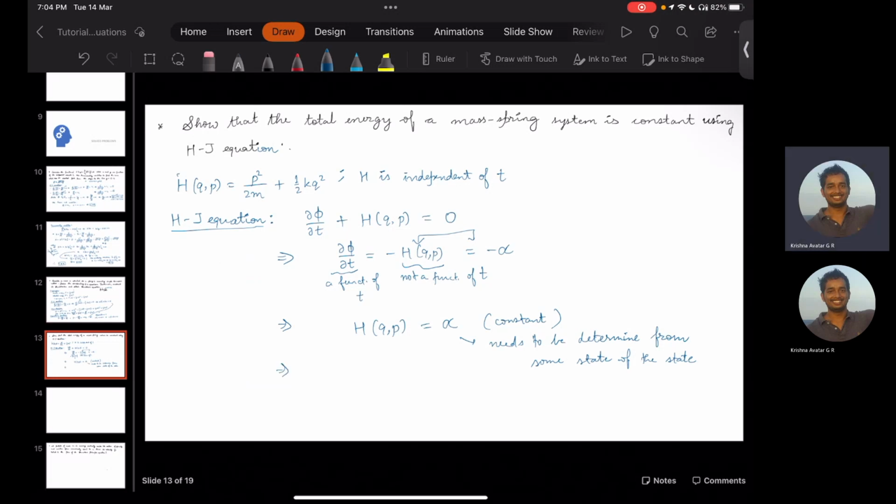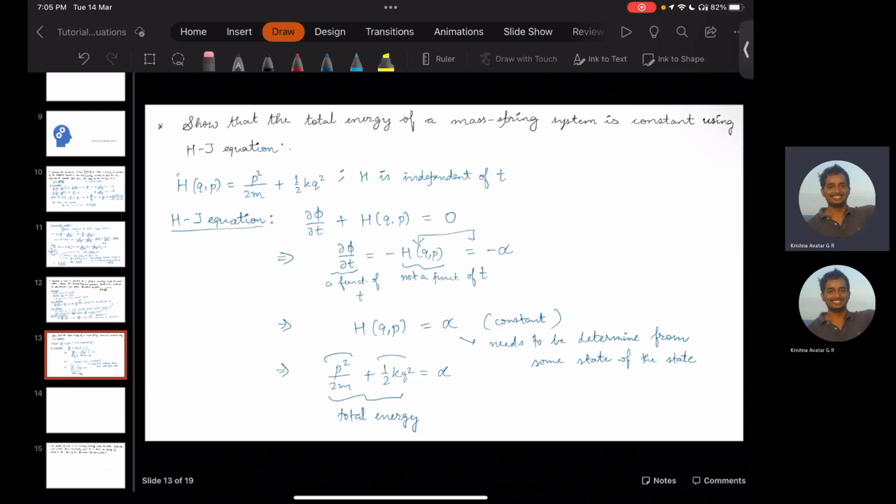So what we see is h(q, p), essentially p squared by 2m plus half k q squared, is equal to alpha. This quantity is the expression for total energy, because this term denotes kinetic energy and this is potential energy at all states, which is mathematically parametrized by t, or time.